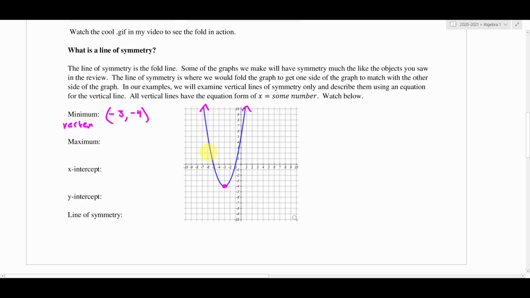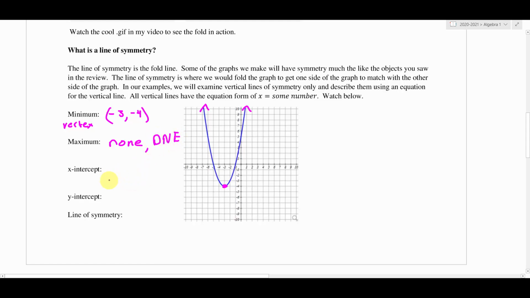Specifically for parabolas, we call the minimum the vertex, or if a parabola is opening downwards, we would call it the maximum or a vertex. Now this one opens upwards, so we know that it goes off to positive infinity forever. That means it's not going to have a maximum. There is no high point, and sometimes on MyOpenMath, when you have that situation, you need to type in DNE.